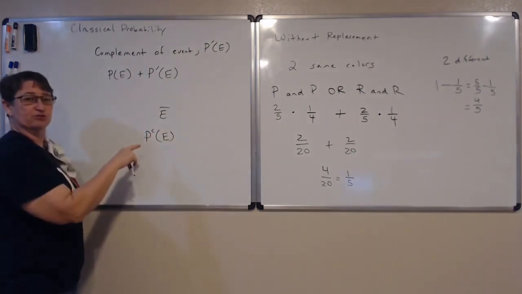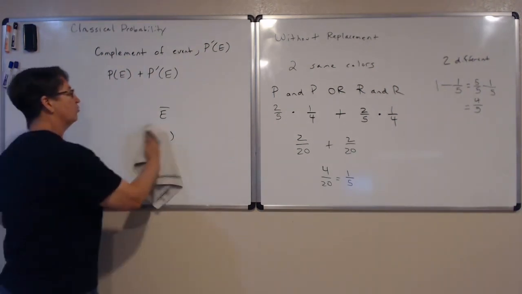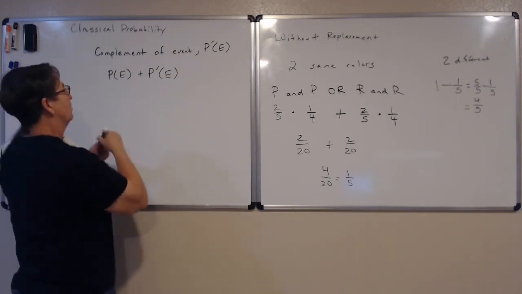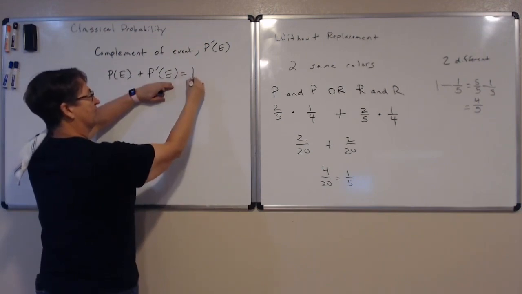There are lots of different ways to do that complement notation. But when I add the probability of the event plus the probability of the complement, I get 1.